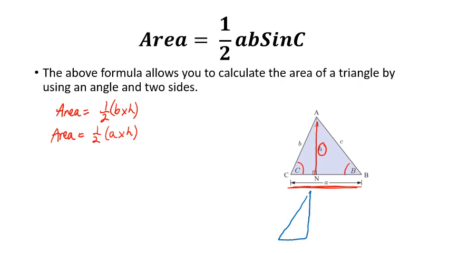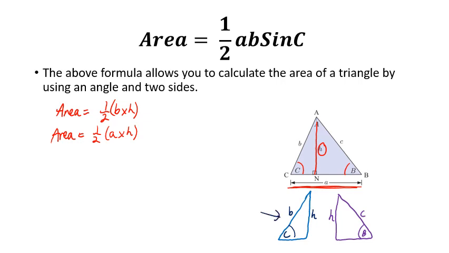So we essentially have a right angled triangle here, and we have another right angled triangle here, where we have an angle of C, h, and b. And over here we've got an angle of B. We've also got h. We've got C here. But we're going to concentrate on using the dark blue one.